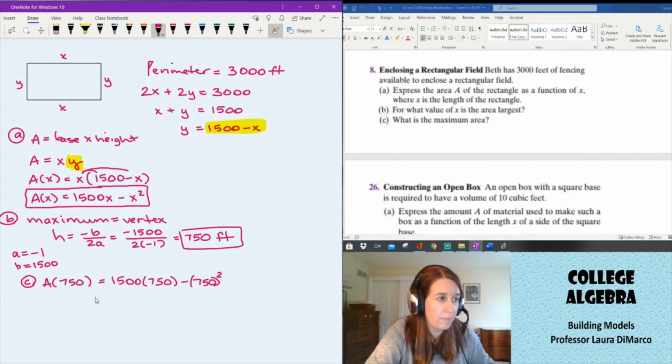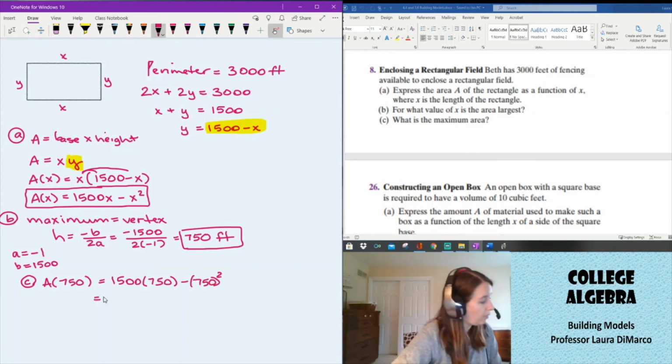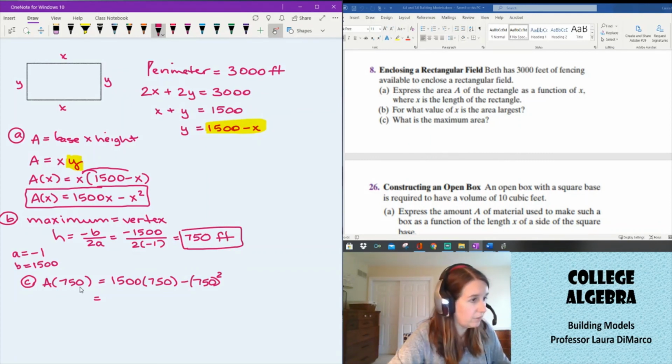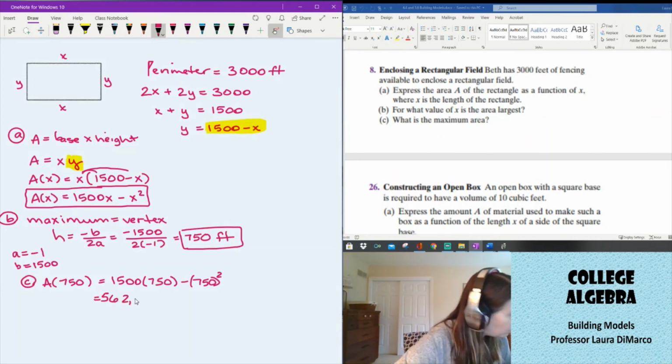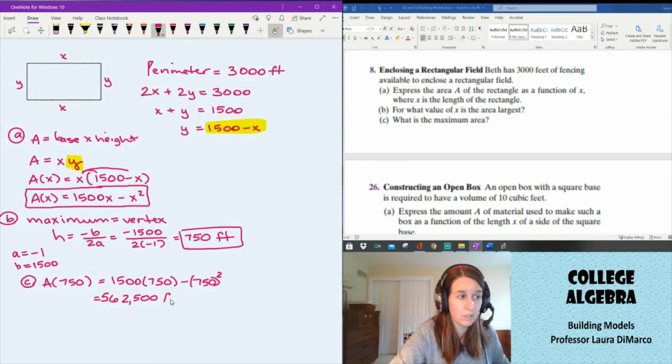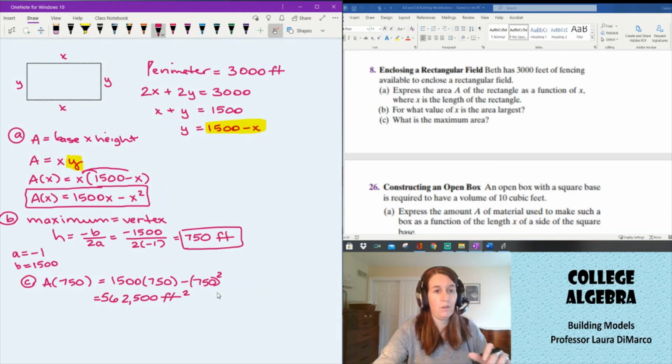You can type that into your calculator. I already did, and I got 562,500. This is area, length times width, so it's feet squared instead of just feet.